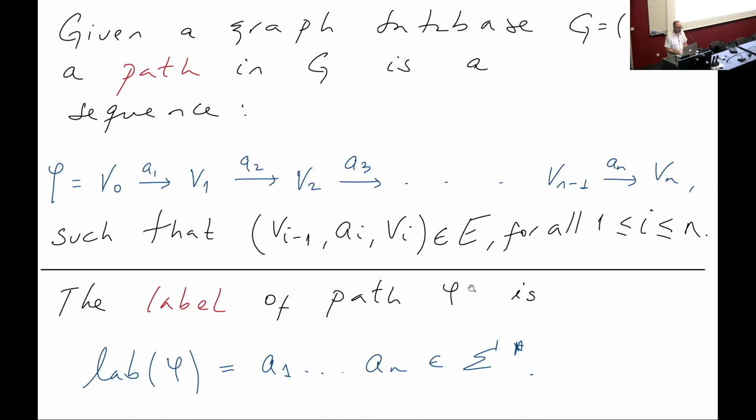The label of this path rho, we will typically denote as lab of rho, and it will be the concatenation of these symbols that form a word in our finite alphabet sigma. That's what, in terms of querying, we will be looking at. To start with, later we will be talking about more expressive things, but for the time being, we are only interested in this label.